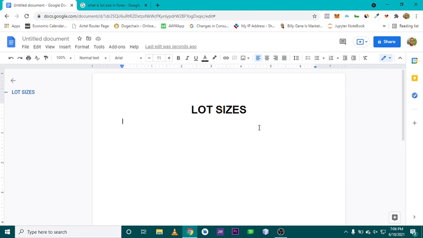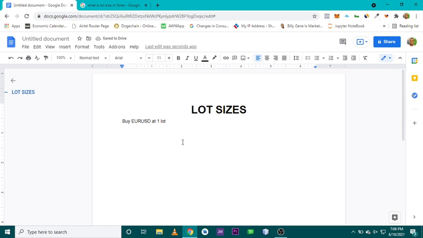So first of all, a lot size basically refers to the amount of a unit of a particular currency. So let's take an example. If you were to buy Euro USD at one lot, or in other words, one standard lot.